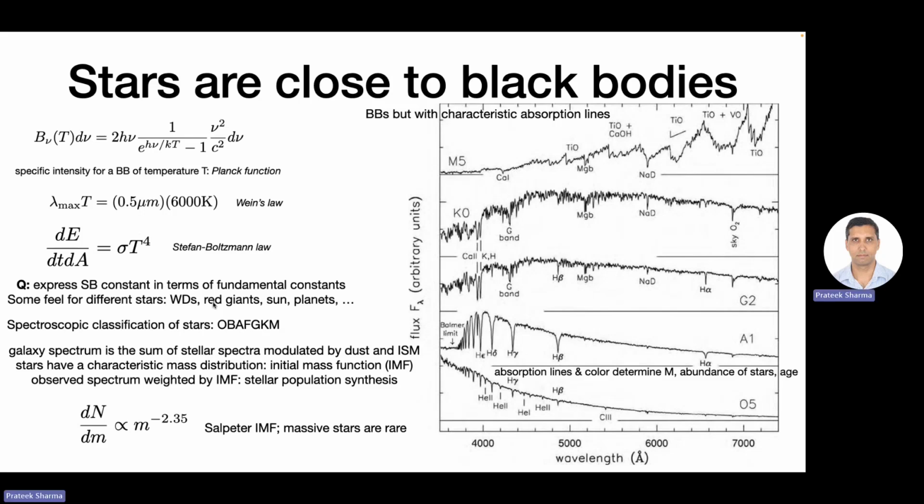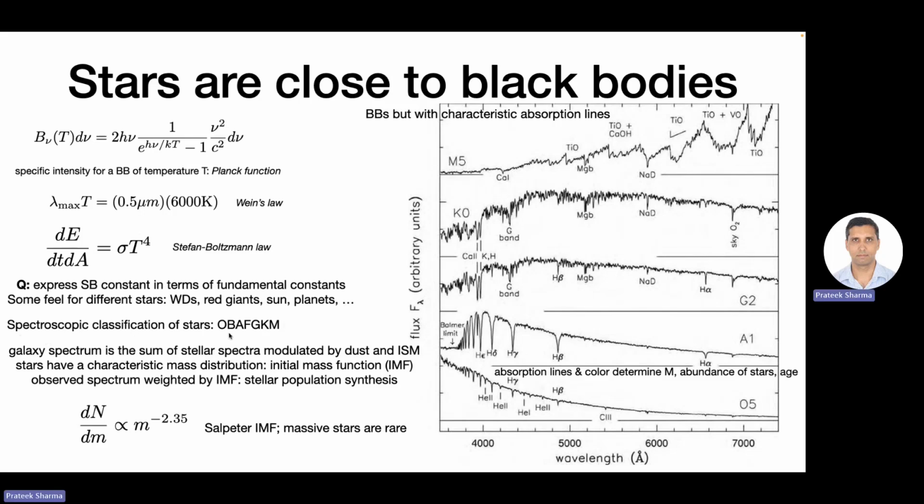They are red, and the color red tells us the temperature because they're all black bodies. The sun, of course, we know is 6,000 Kelvin. Planets are, of course, cooler, and so on. So you have to have a sense of all these different beasts that appear in this zoo.